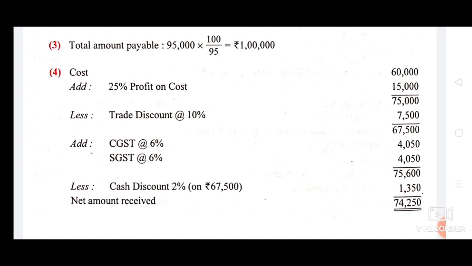Okay, so we have to calculate the original amount before deducting cash discount. So 95,000 into 100 upon 95, that is 1 lakh.